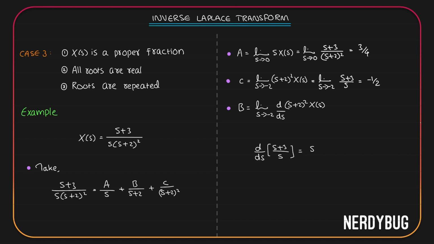So that will be s multiplied by derivative of s plus 3, which is 1, minus s plus 3 multiplied by derivative of s, which is 1, divided by s square. So s minus s plus 3 is minus 3 by s square. So this is limit s tends to minus 2, minus 3 by s square. Giving s equal to minus 2, we get b is minus 3 by 4.